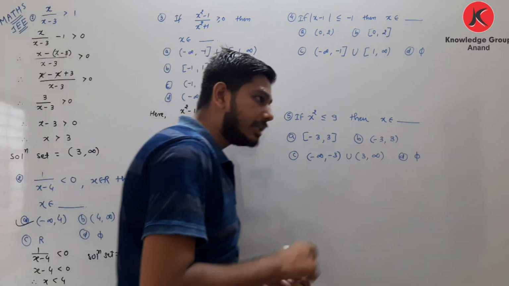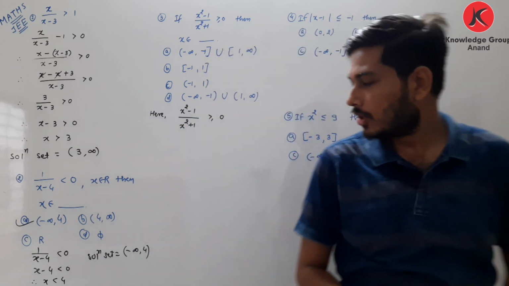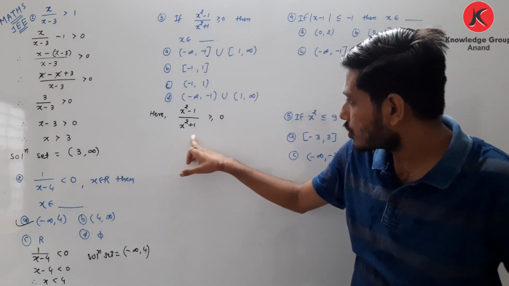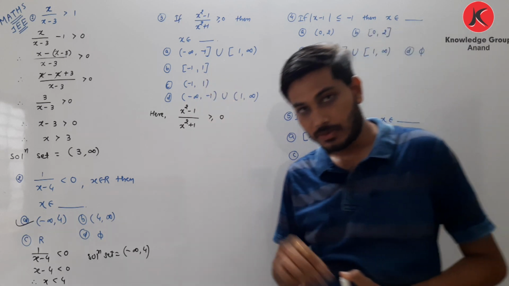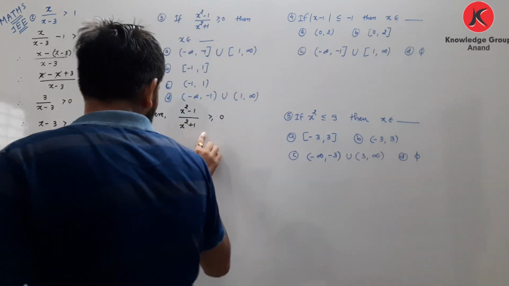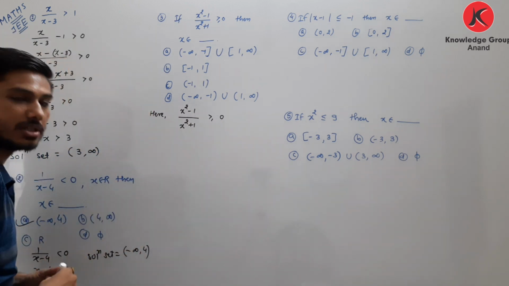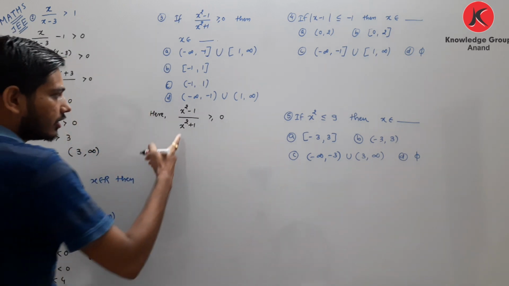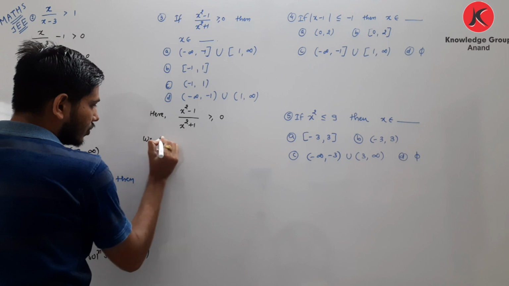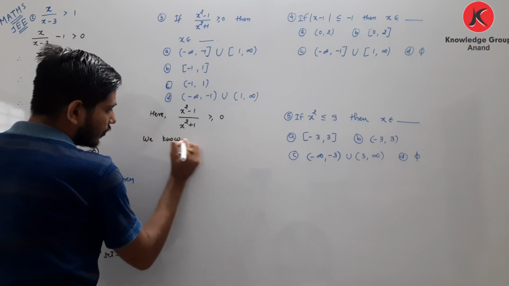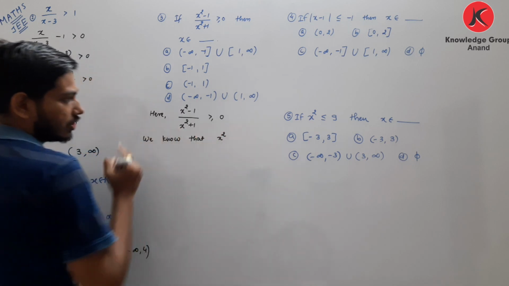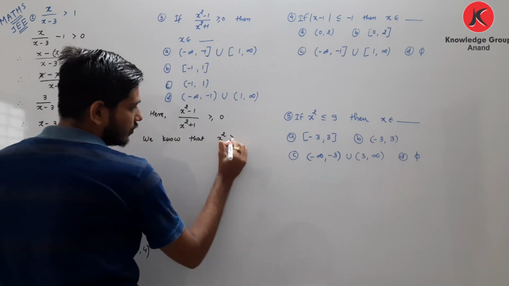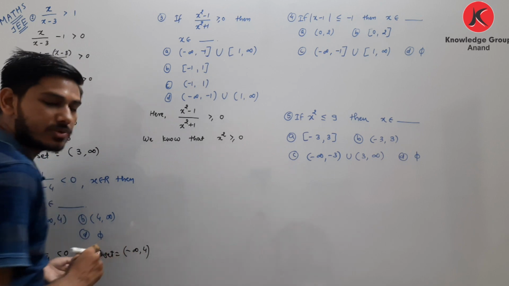But in this question we know that x square plus 1 is always a positive term. How can we know that? We know that every perfect square term, x square here in the denominator, is always greater than or equal to 0.